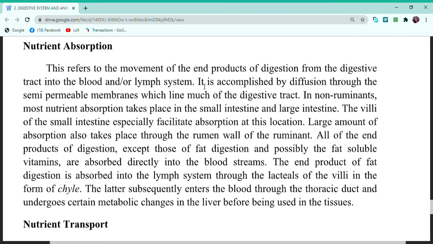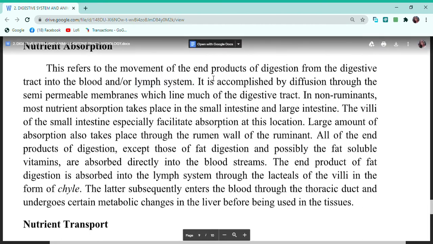So, yung substrate ng pagkain na yon is acted upon by enzyme so that ma-absorb ng blood and the lymphatic system. And it is accompanied by diffusion through the semi-permeable membrane which line most of the digestive tract.